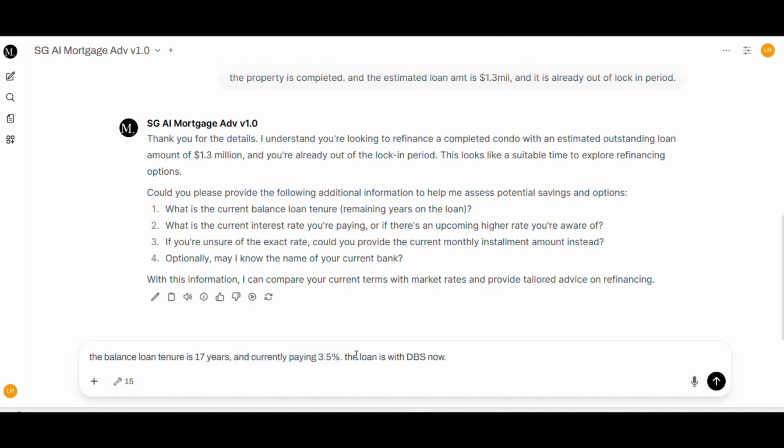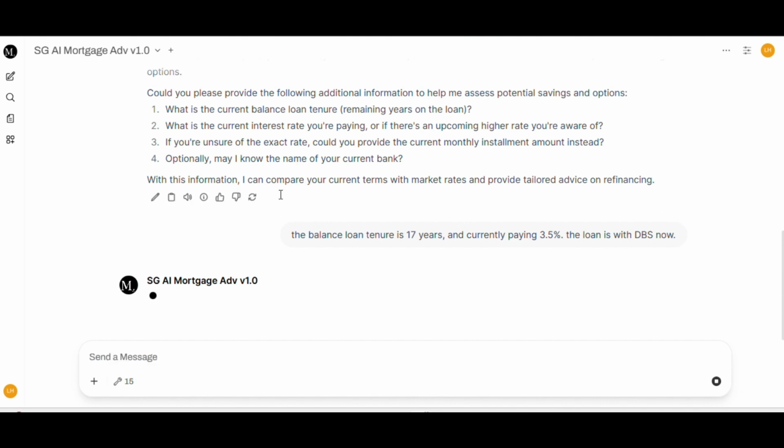You can also provide your interest rate at the moment. If you are on a floating rate, it can be 3 point something, with some decimals behind. And the bank is optional. This is for the human consultant. If you really want to consider the application, you provide the bank name and share it with the human consultant. Later on, I will demonstrate to you. So, prompt.